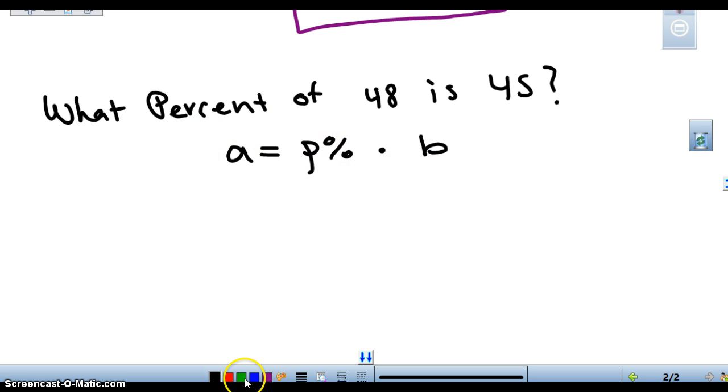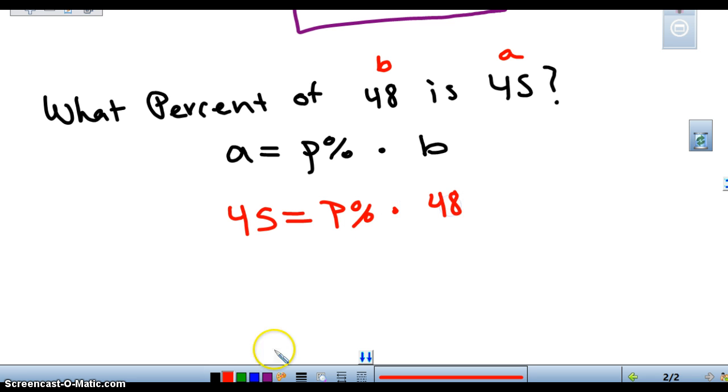So what percent of 48 is 45? 48 is the part or the whole? The whole, in other words B. 45 is the A. Notice how I label these before I use them. 45 equals P percent of 48.